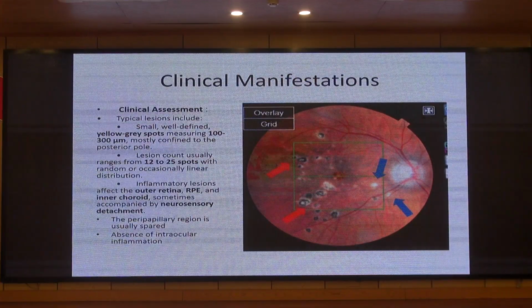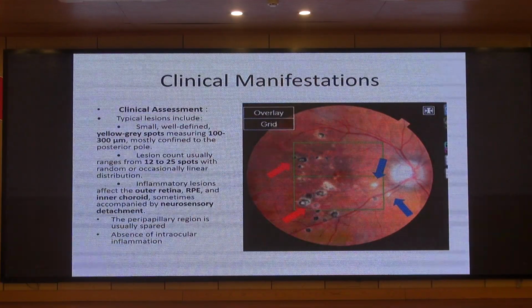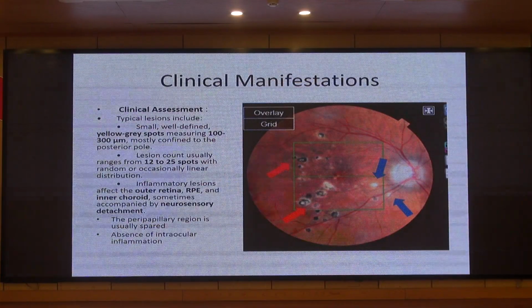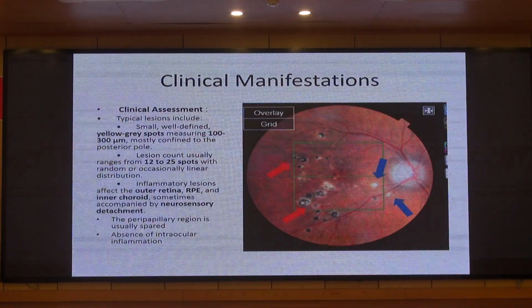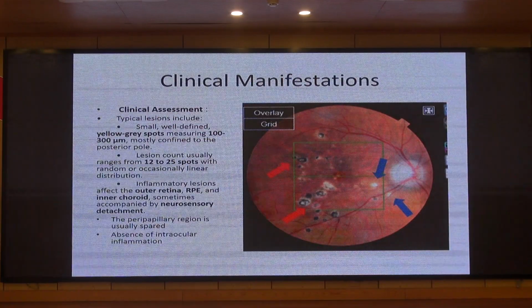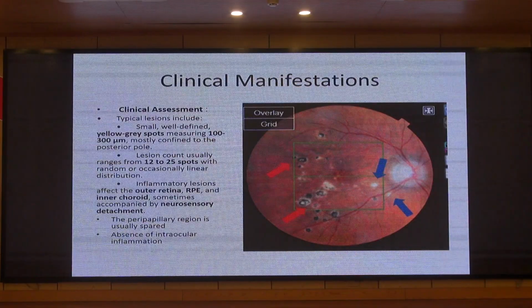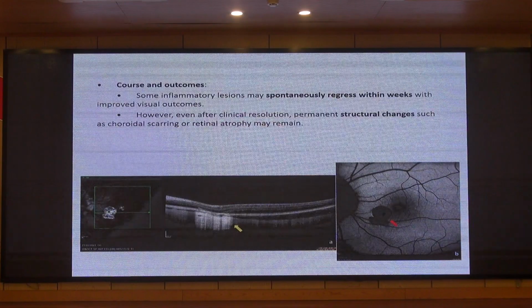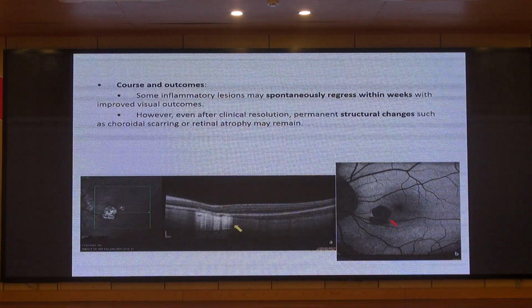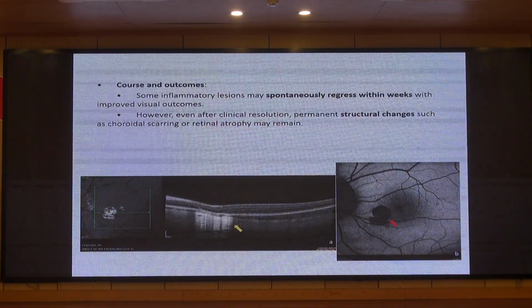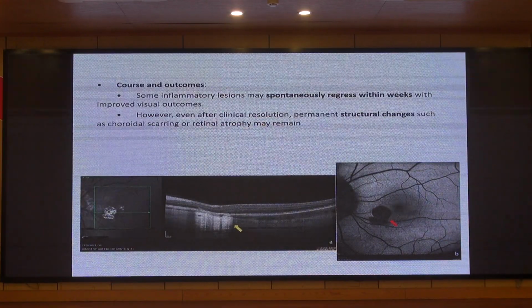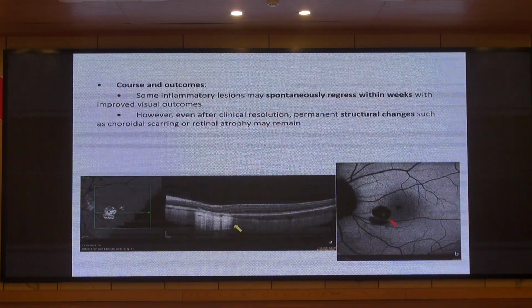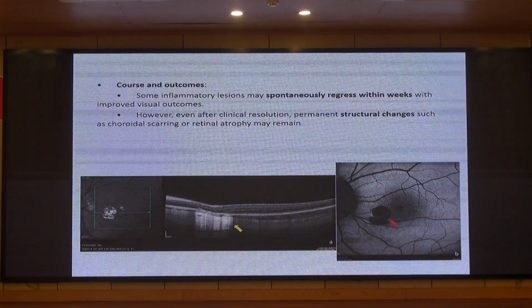The peripapillary lesion is usually severe, and there is no intraocular inflammation observed. Old lesions are scarred and pigmented, while active lesions appear yellow-gray. Some inflammatory lesions may spontaneously regress with improved visual outcome. However, even after clinical resolution, permanent structural changes such as choroidal scarring or retinal atrophy may remain.